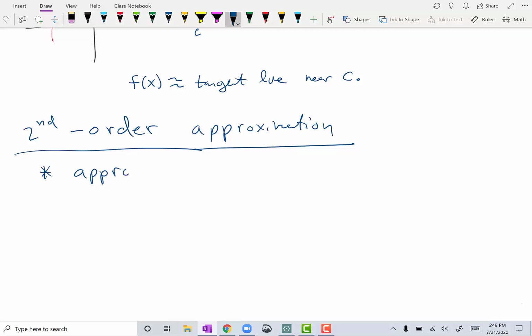you find the best approximation to f near c using a degree two polynomial.